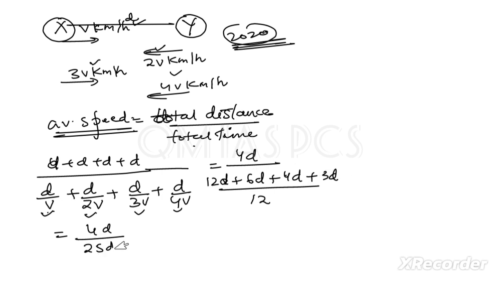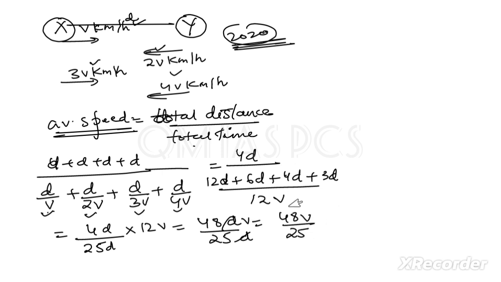So 25d, and here that 12 will go to the numerator. So we will get 48d by 25d. d will be cancelled out. One thing I have missed here, it is v. So 48v by 25.